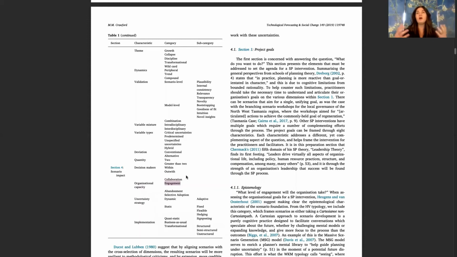They're just plausible, various visions of the future to help you roadmap your way and create warning signs and all these other things for strategy. I won't go into that, but do you see your organization engaging in the work, or will you be an organization that ends up abandoning the work, or will you be selectively adopting how the strategy, whatever your scope is at the end, how you will be implementing it, engaging it. So selective adoption is partial engagement, partial abandonment.